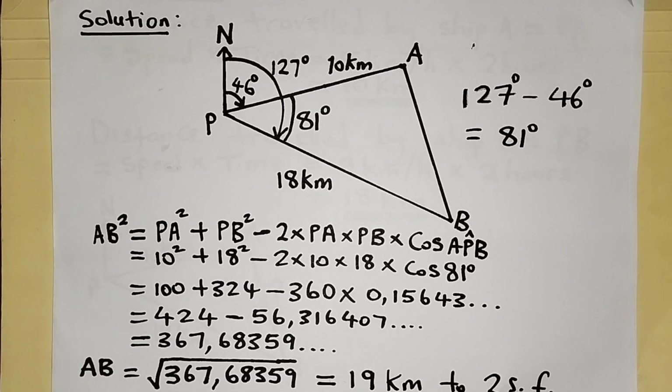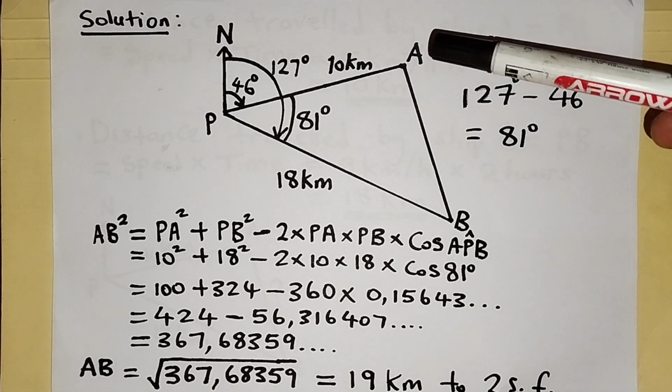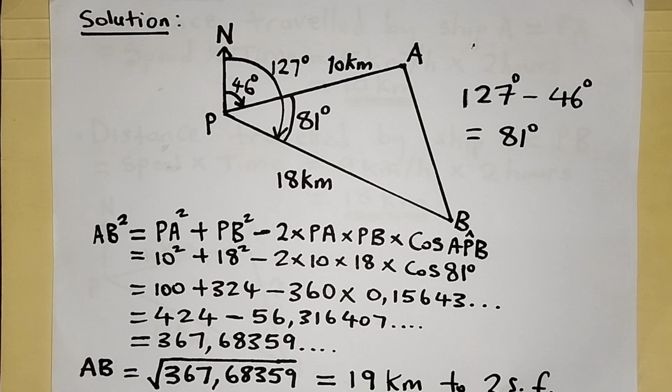So for us to find the distance between ship A and ship B after they travel for 2 hours, we are going to use the cosine rule. Why? Remember, we use the cosine rule if we are given the length of two sides and the angle in between them, so that we can find the third side.